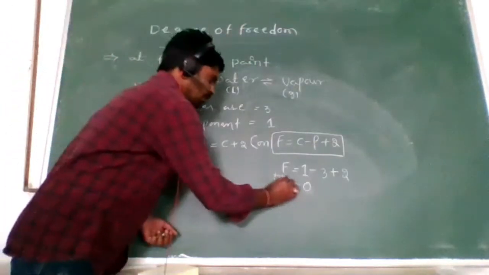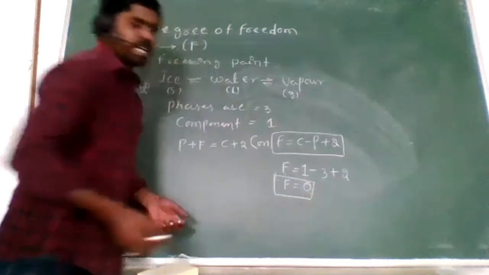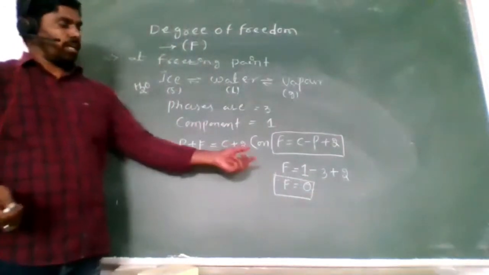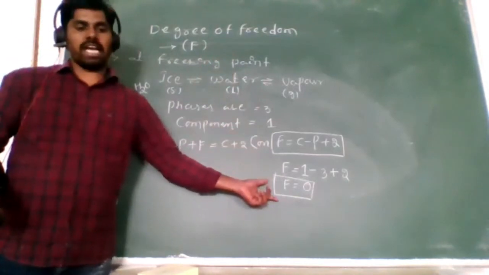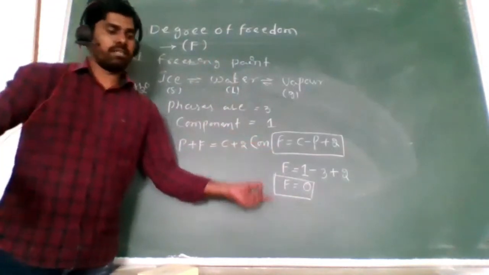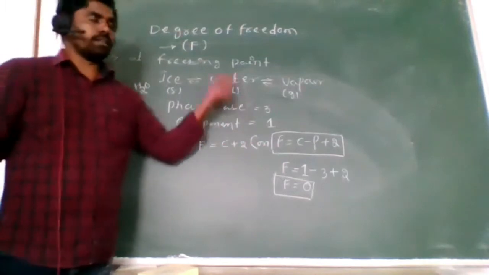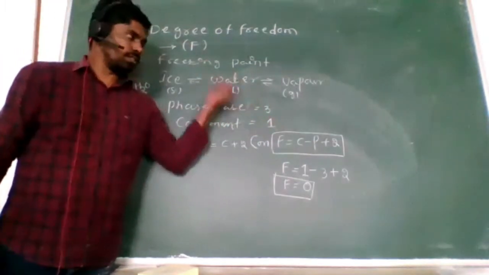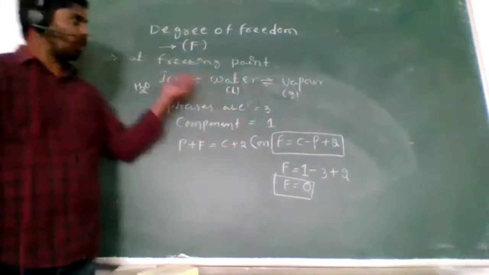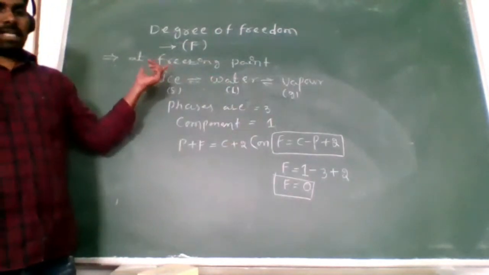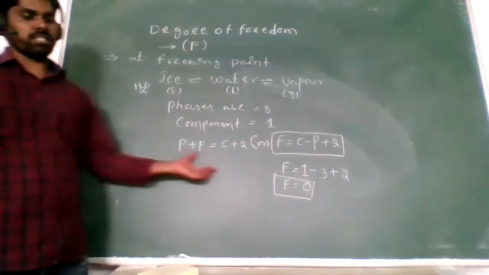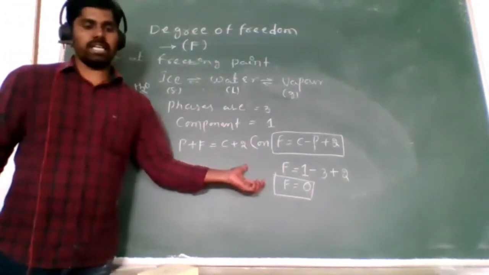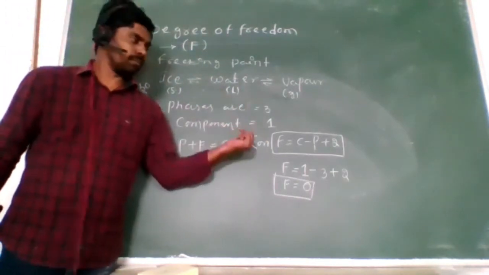So F equal to 0 means what it is indicating here. In the water system, no condition has to be specified to define this system. No condition is necessary to be specified in order to define the system completely.